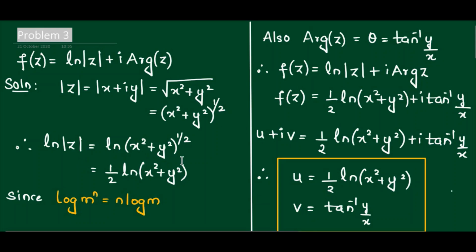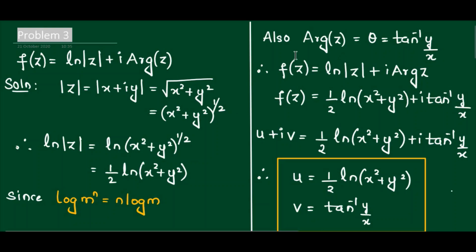So log of mod z is so and so, and I have written this 1 by 2 here, 1 by 2 log of x square plus y square, because I have made use of this identity. Log of m raised to n is n log m. After using this, we have got this result, that is log of mod z is 1 by 2 log of x square plus y square.